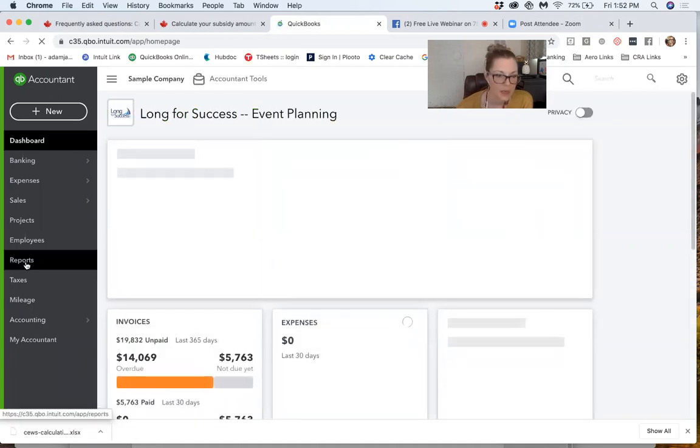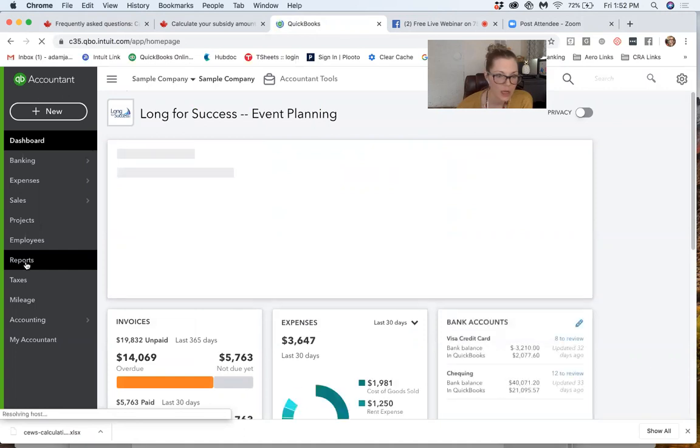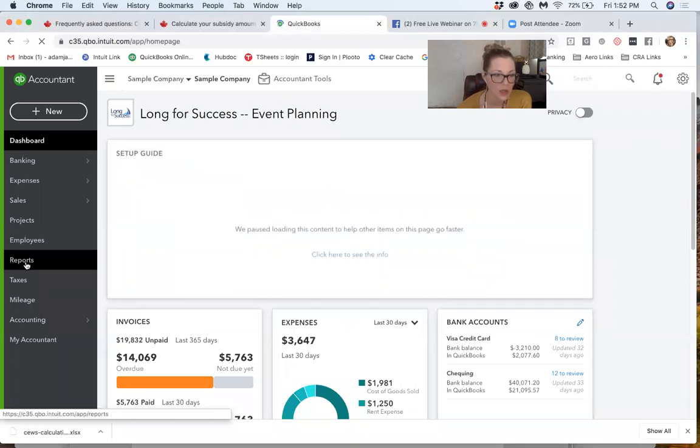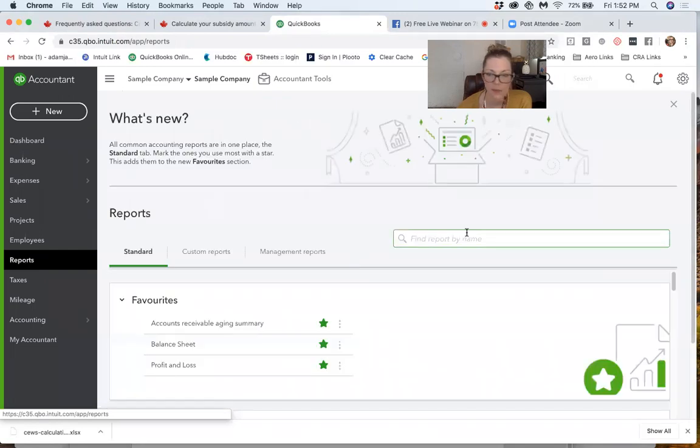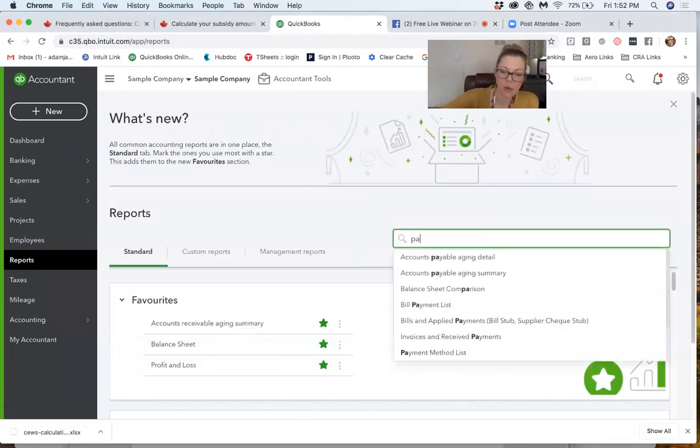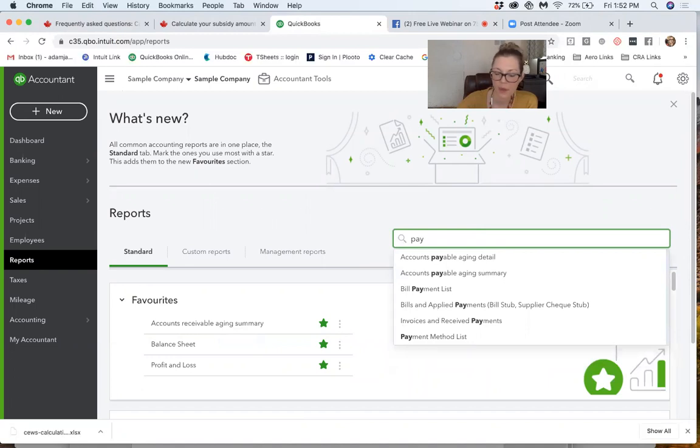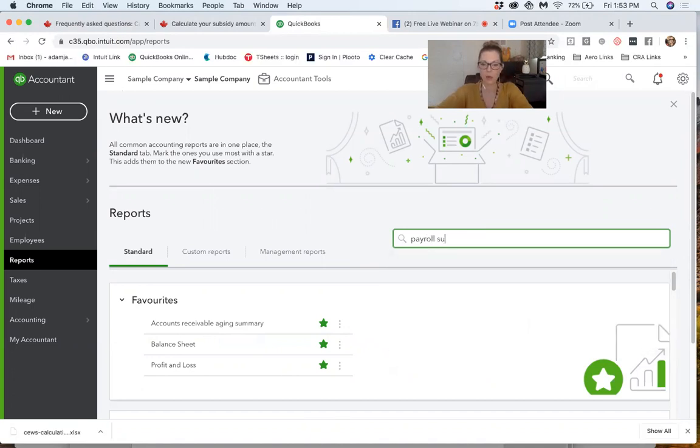This is the sample company, so it won't show me any numbers, but I'll just show you where to find it. You can go through your reports and then look for the one that is Payroll Summary. It's not going to come up here because I don't have payroll engaged on this fake sample company, but what it is called is Payroll Summary.